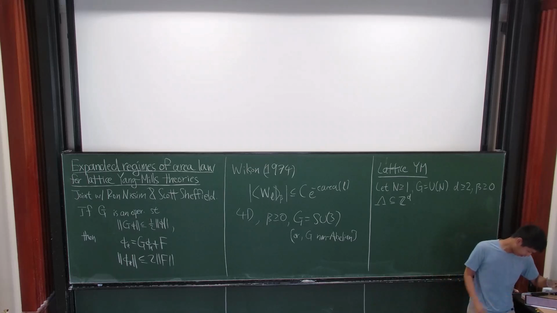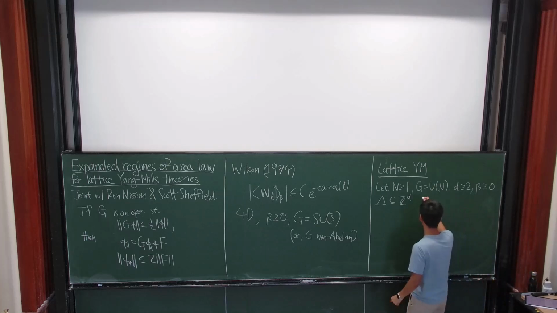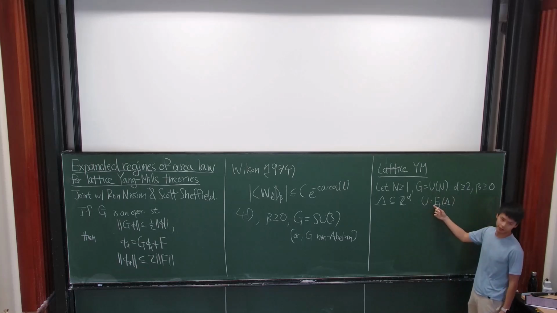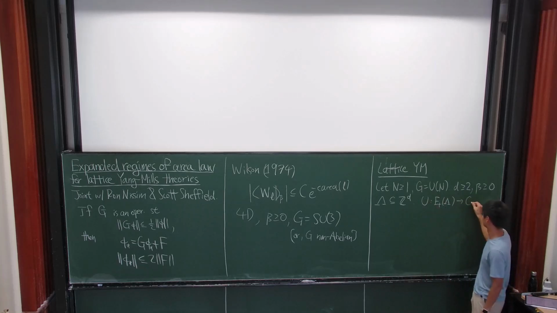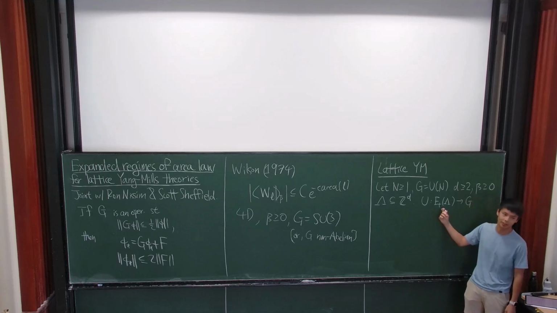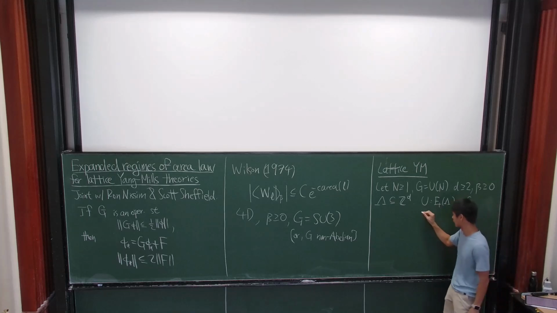And so lattice gauge theory is a probability measure on a space of functions of edges of your lattice into your group G. So here E plus, I'm also setting notation here, is the set of positively oriented edges. But as usual, and we've seen this in previous talks, you just extend this to negatively oriented edges in the natural way.